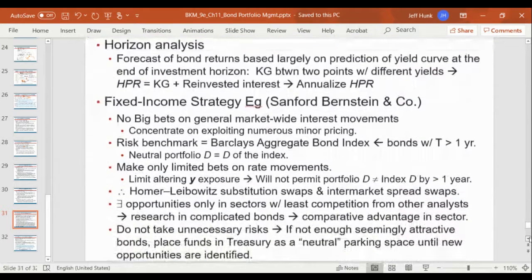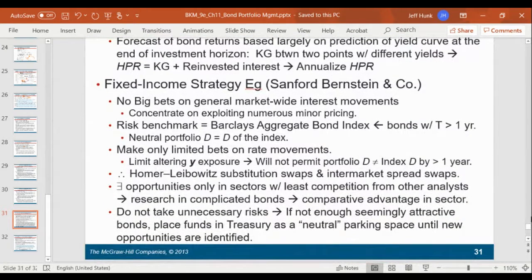But here is an example from the textbook. I just kind of summed it up. It's a fixed income strategy example actually used by Sanford Bernstein and Company, a Wall Street fixed income management firm, and it explains basically what they use.